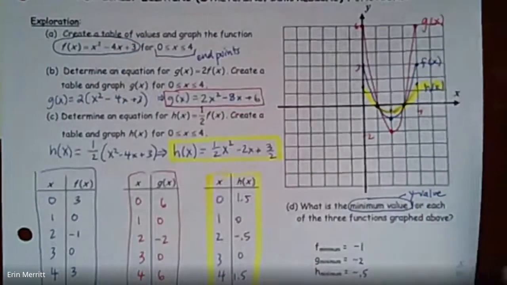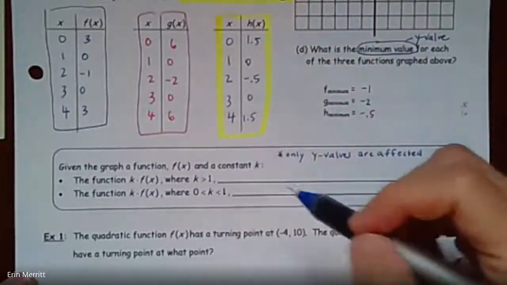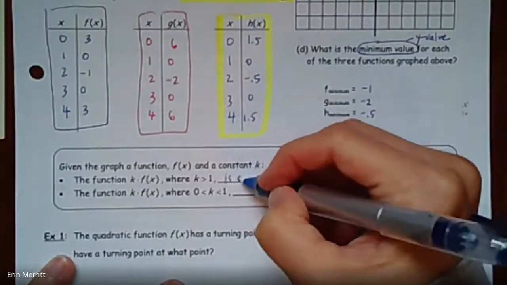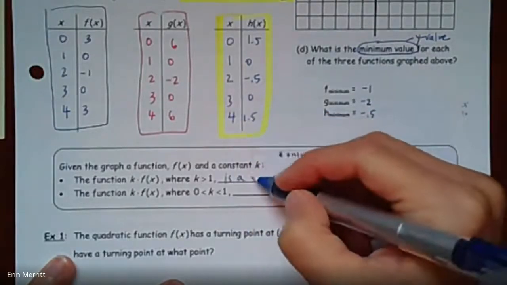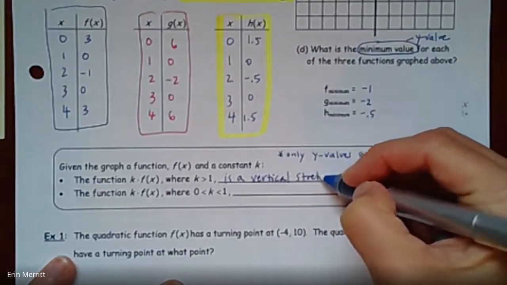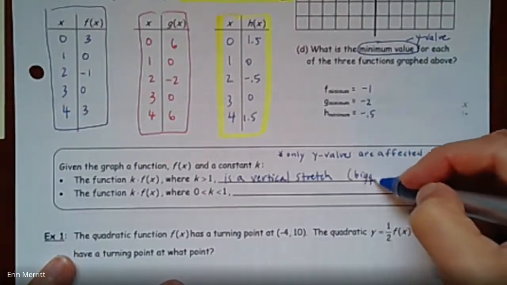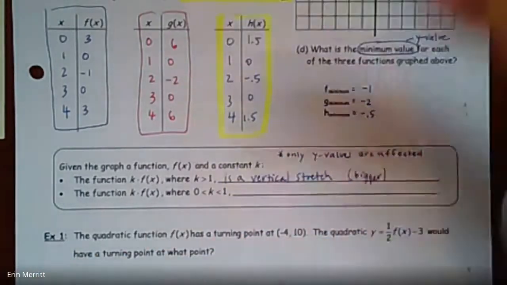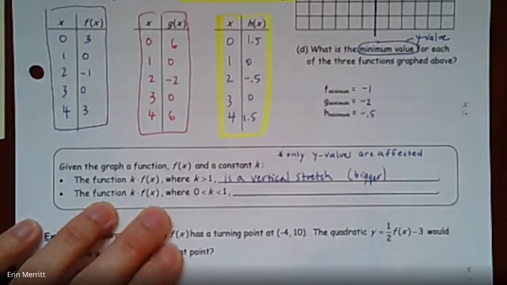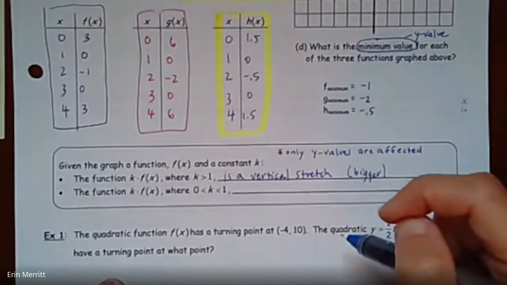So how do we say that nicely? Well, we can say that when k is bigger than 1, like when it was 2, that's referred to as a vertical stretch. And you can kind of loosely say, all right, the graph looks bigger because it's extended over more space. When k is multiplied by f of x and it's between 0 and 1, that's referred to as a vertical compression.